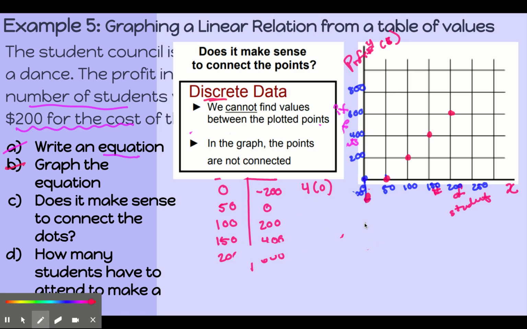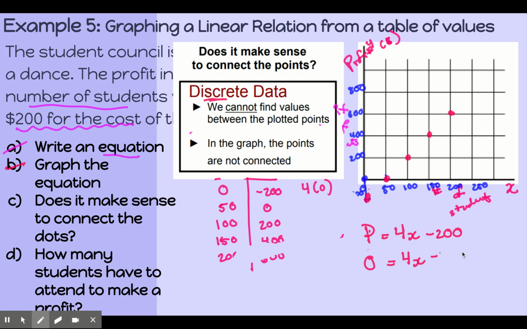So if we take our equation that we have already created, which is P is equal to 4 times X minus 200, basically, we're looking for a profit of 0. That way we know that we need more than however many students we have here.